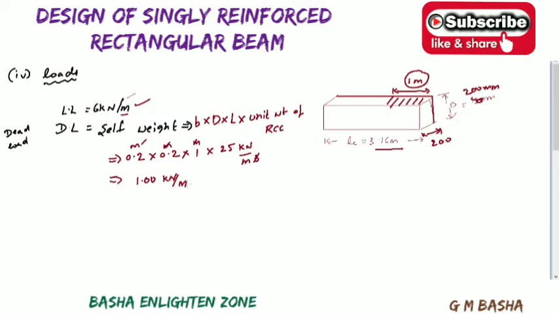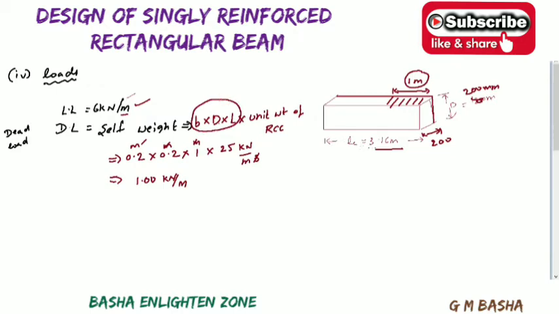So I think you are getting my point. Dead load means the self weight of any particular member. Just like I am talking about myself, my self weight is 60, that is my dead load. Like that, each and every member has its own self weight. That will be equal to the property of that particular material, that is B into D into its length.